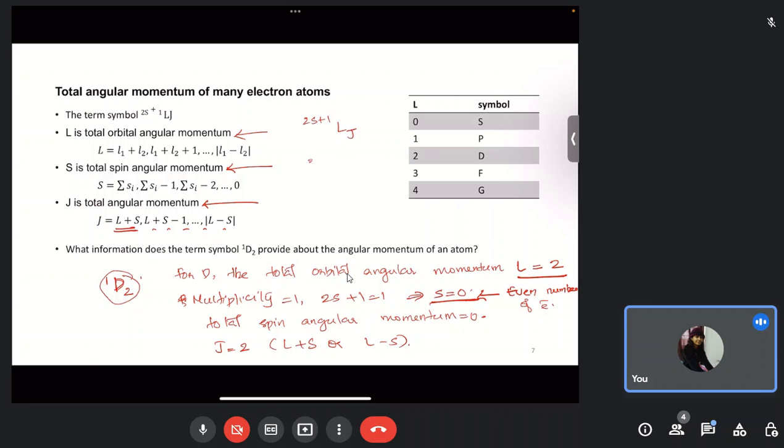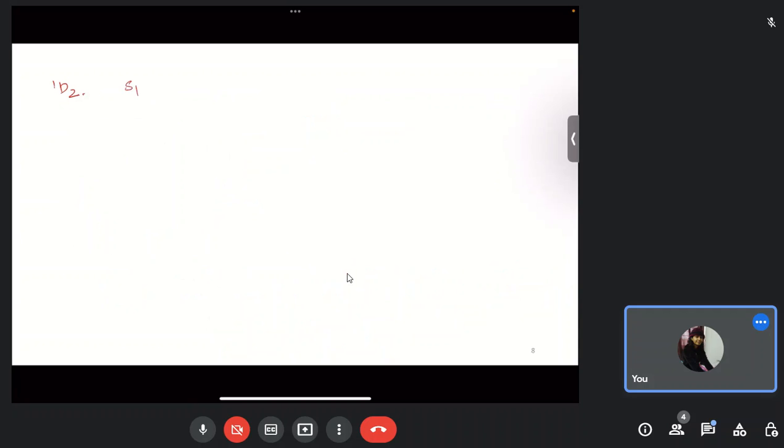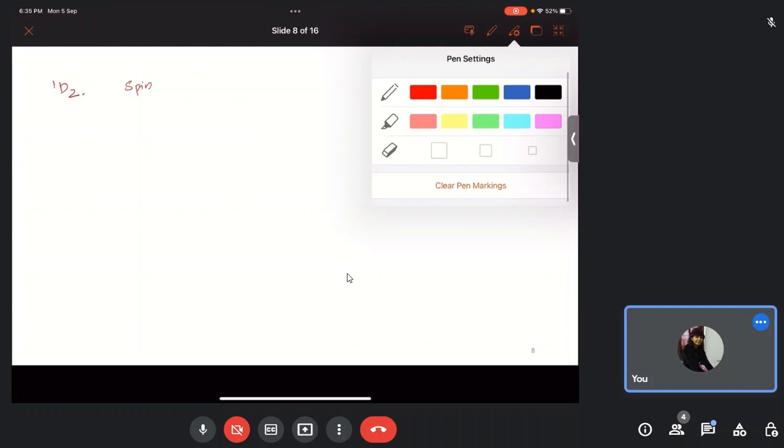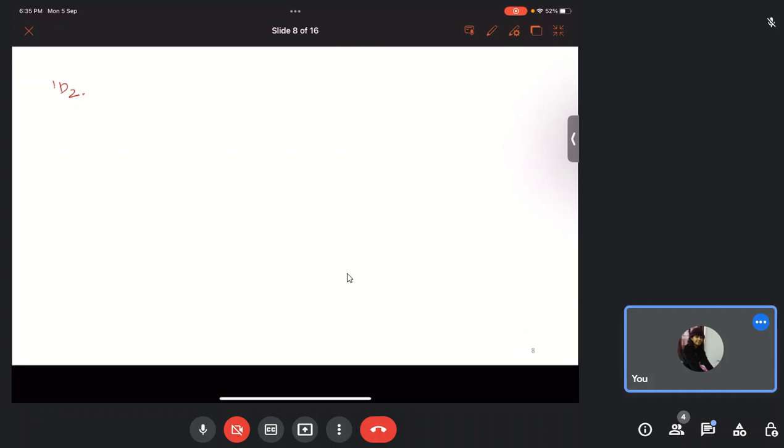Since your total orbital angular momentum L is 2, that says you have your electrons in either p or d orbitals.